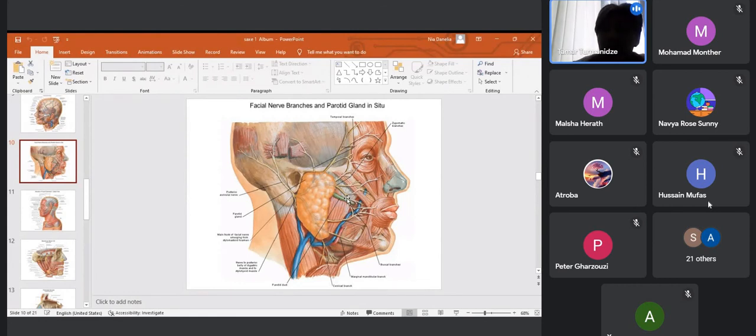So the surgeon must know that if a surgical intervention is done on this area, the parotid duct here is located superficially. Do we understand? Yes, Professor.